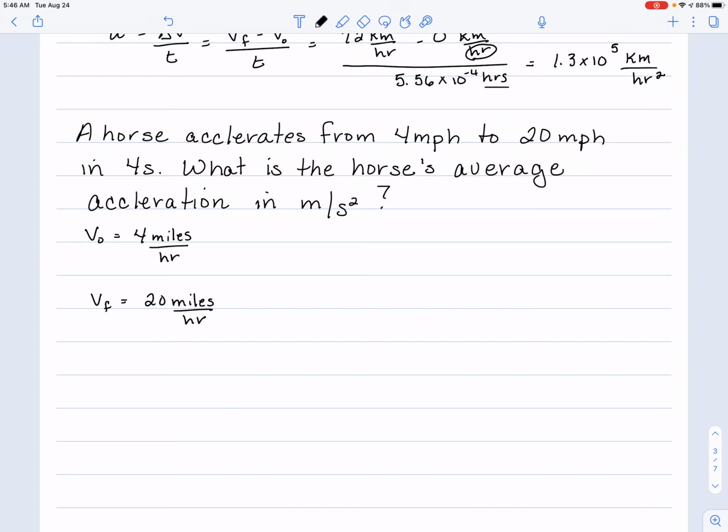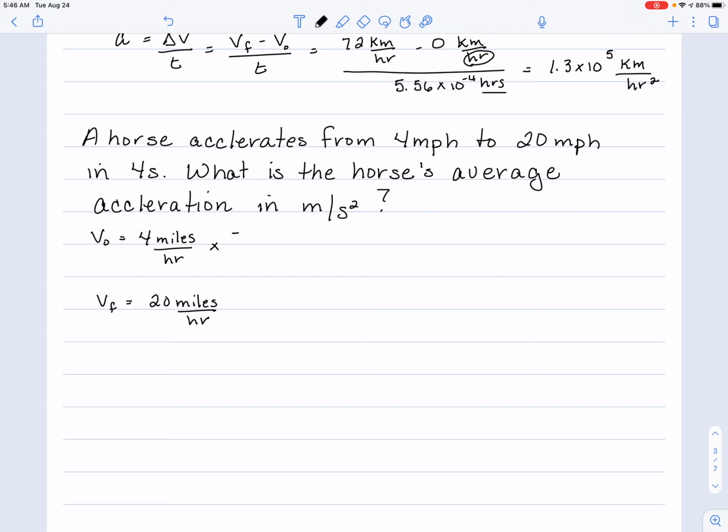So let's start with our initial. We look up and we see that we have 5,280 feet in 1 mile, and in 1 meter we have 3.28 feet. We know in 1 hour we have 60 minutes, and in 1 minute we have 60 seconds.